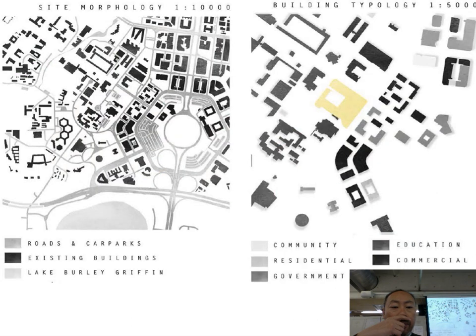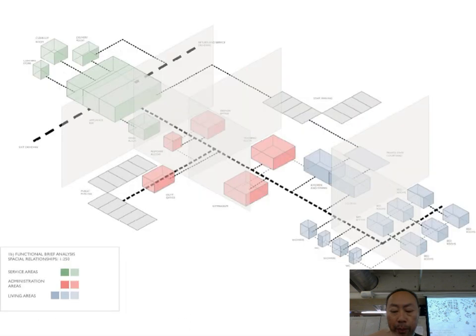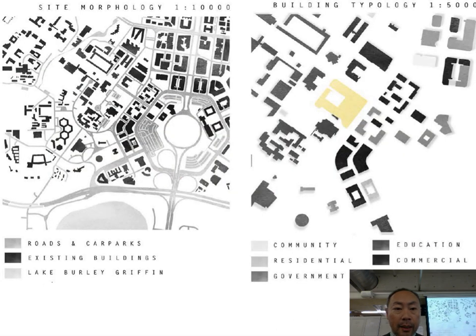Now this one is a bit more complicated. This project here was what we ran for 2.2 last year, which was an ambulance station. But these examples here come from 3.1, which is what you'll be doing next semester. So the program for 3.1 will be more complicated than 2.2, meaning that the building type will have more functions in it and different relationships between it.